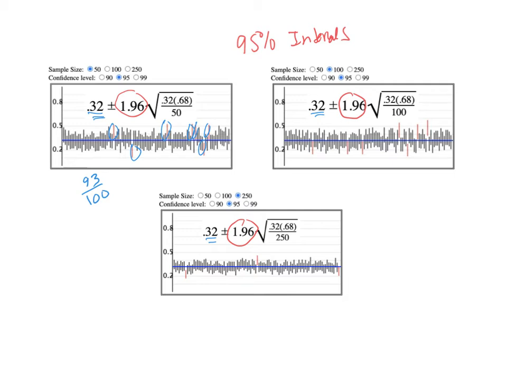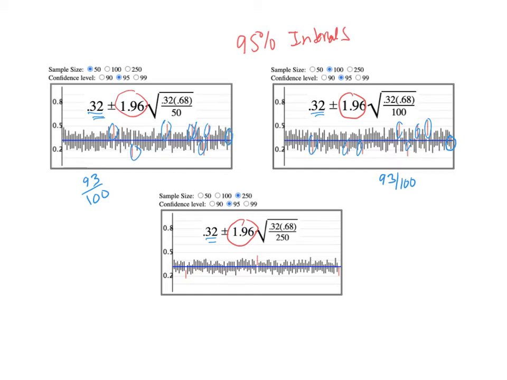In the next one, I doubled my sample size to 100. Now, notice this time I missed 1, 2, 3, 4, 5, 6, 7 again. But if you look carefully, my interval size for the sample size of 100 is a little smaller than the sample of size 50.